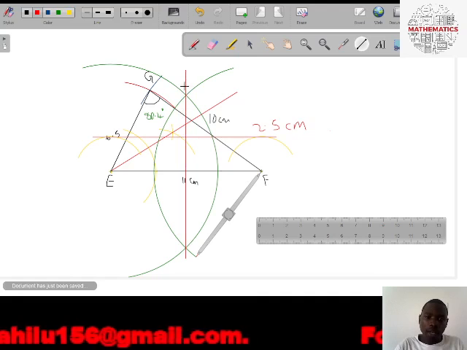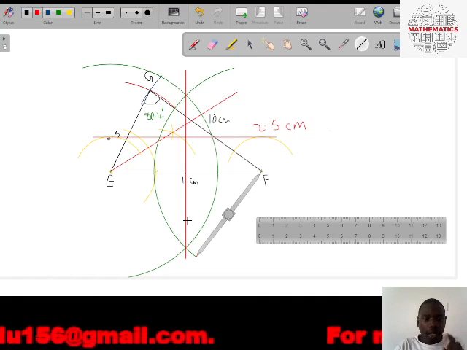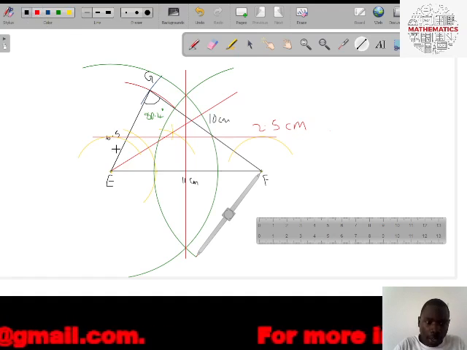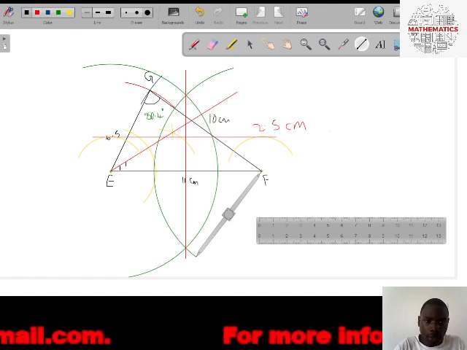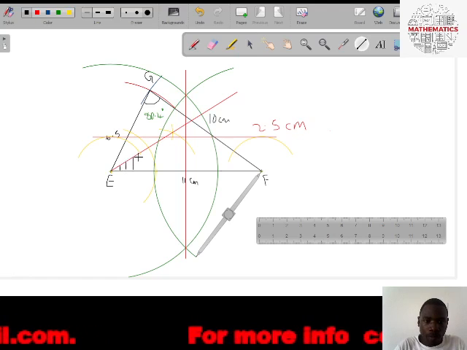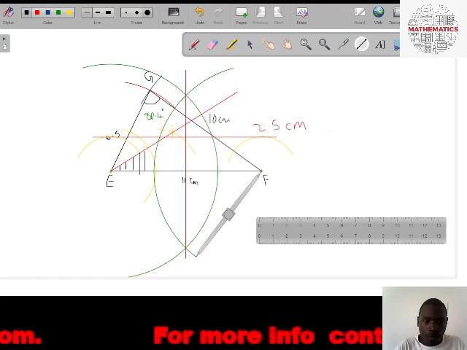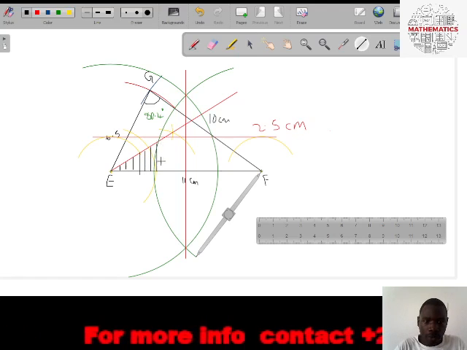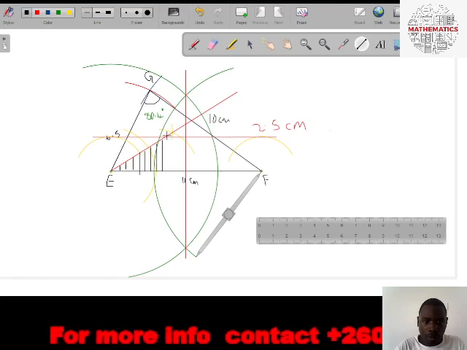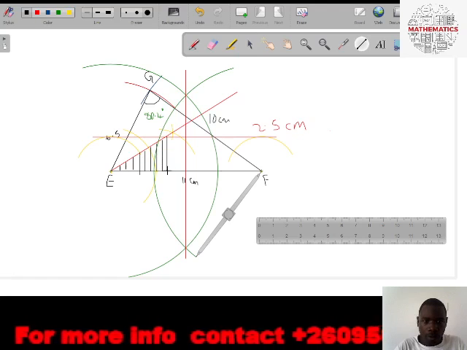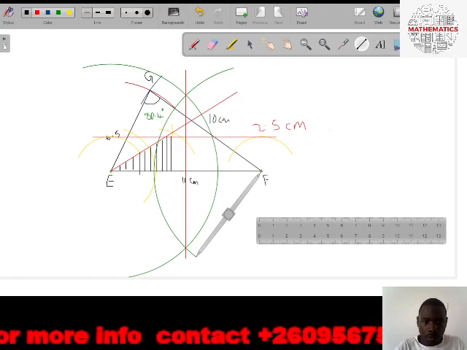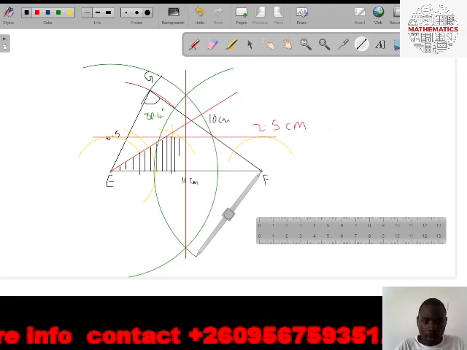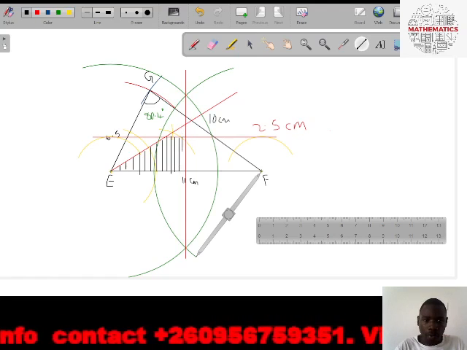And yet we have the boundary, the equidistance of E and F. So the area that they are looking for is just this one. Okay, the area that I'm shading is what they are looking for.